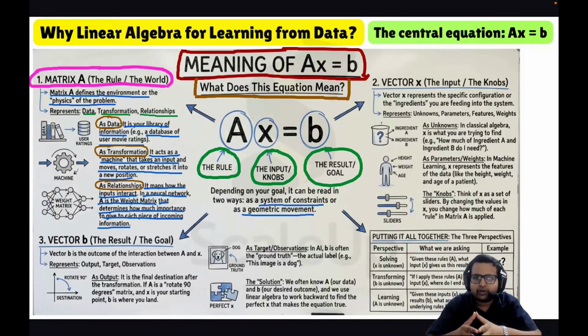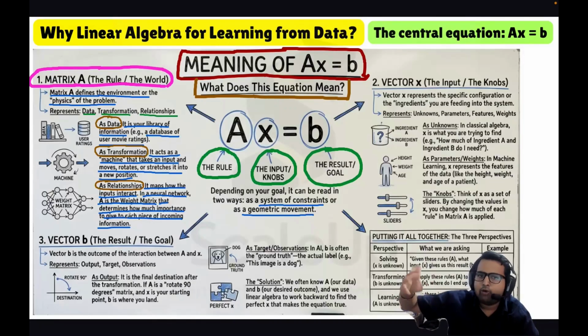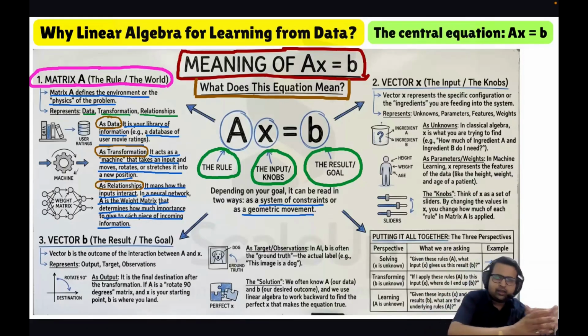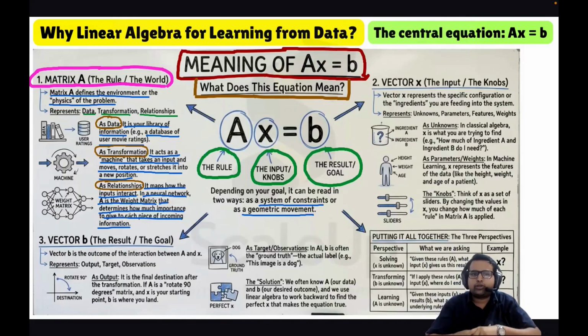If we store transformations in matrix A, it acts like a machine that decides how to transform inputs, because we multiply the input in x with A. And A can also store relationships, in which case we call it the relationship matrix. In a neural network we call it the weight matrix, where A holds the weights, which determine how much importance to give to each piece of incoming information.